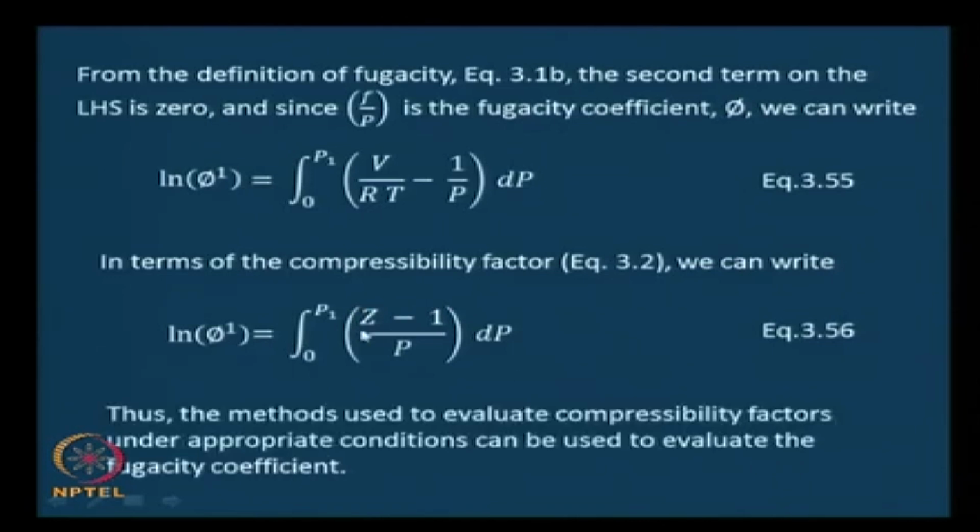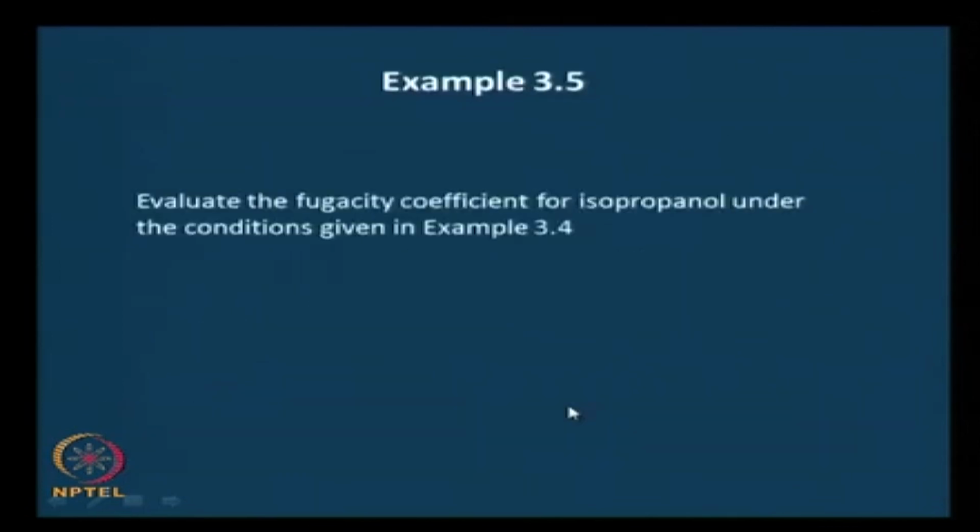And since we know so many ways to get at the Z value that we have seen so far in the module, we could use all those methods here to get also at the phi 1 value. And then we worked out this example.